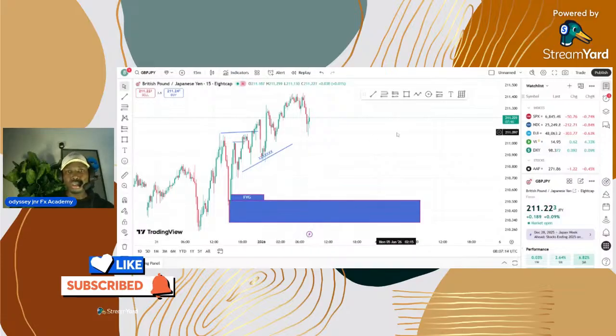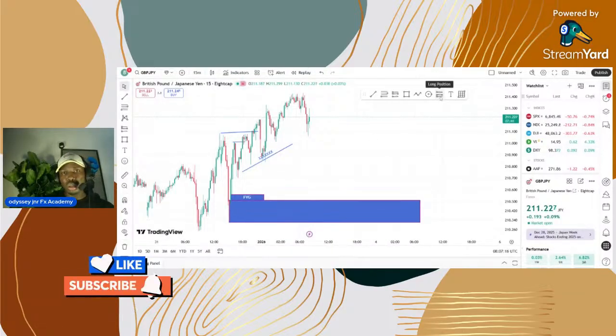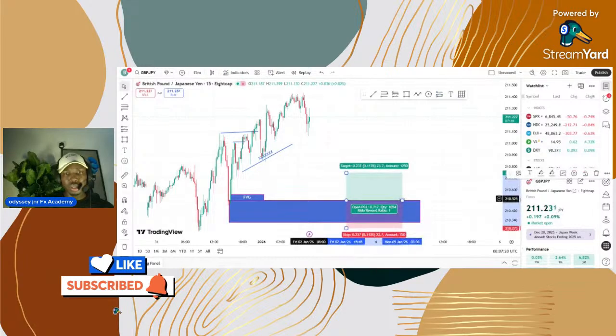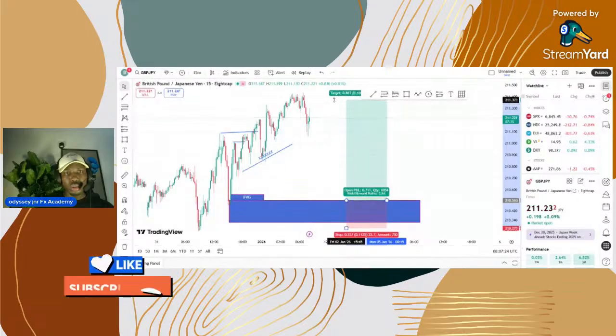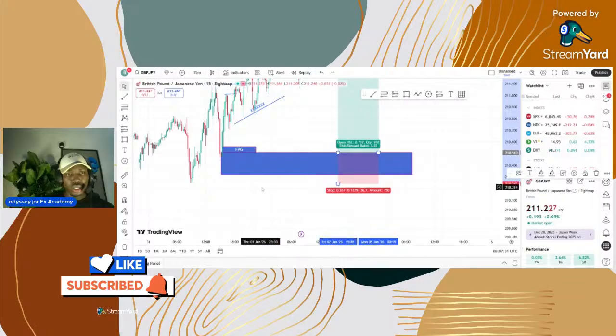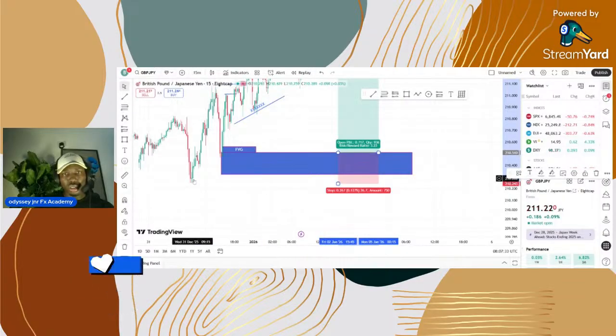Since we are bullish, we'll be going for a buy. We'll be targeting this high, then this step high due to this place now.